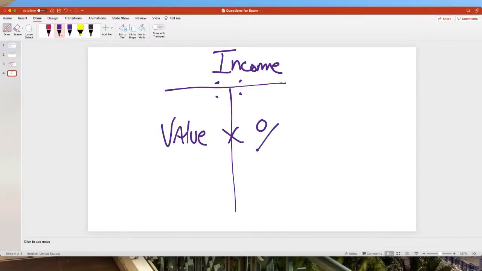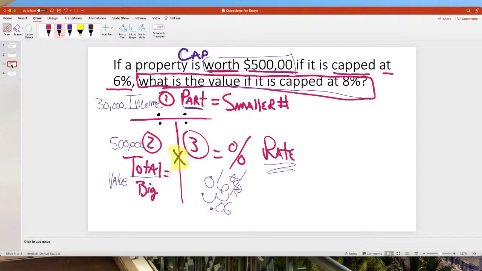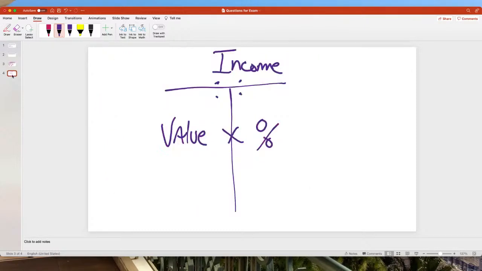And this is percent. We go back to the problem. What is the value if it's capped at 8%? Well, we're solving for value now, right? So I already can tell you my math is going to be division, because remember, whenever you have one at the top and one at the bottom, your math tells you to divide.